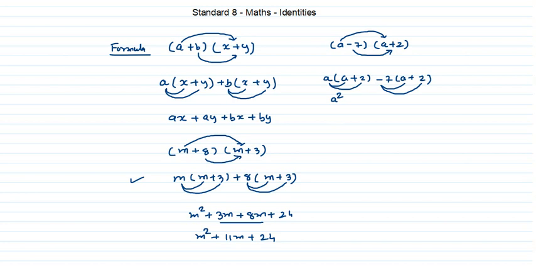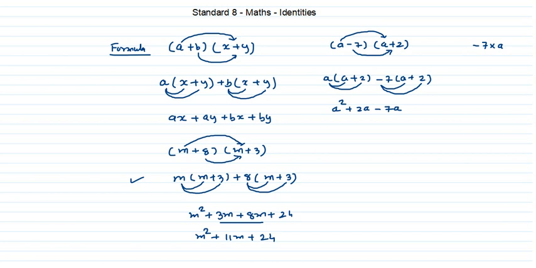So a into a is a square, then a into 2 is 2a, a variable, so 2a. Then be careful here: this is minus 7 into a, that will be minus 7a, so you can write minus 7a.